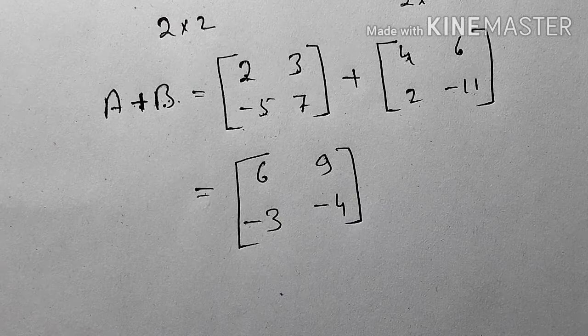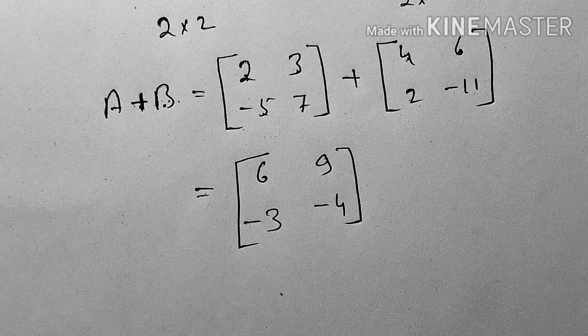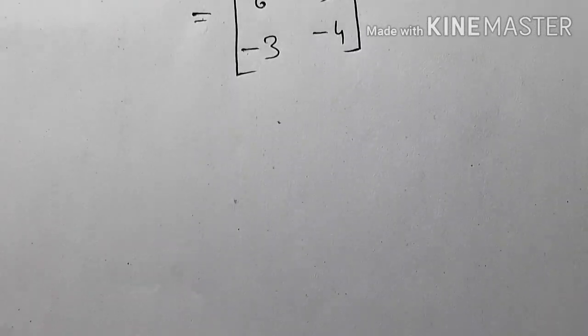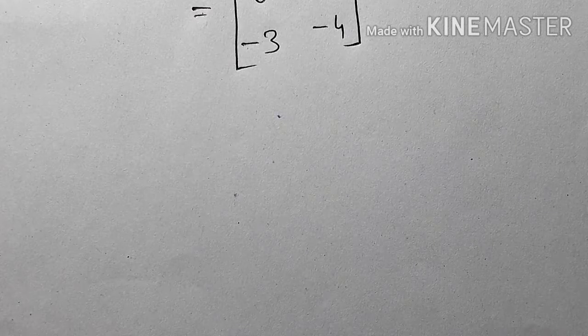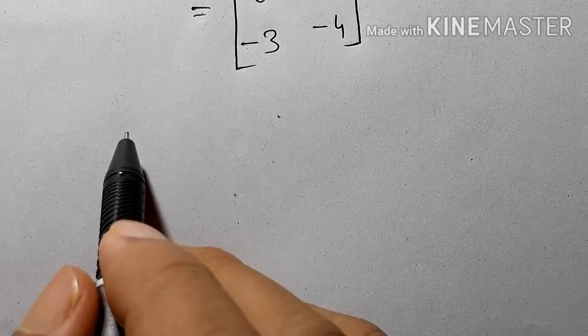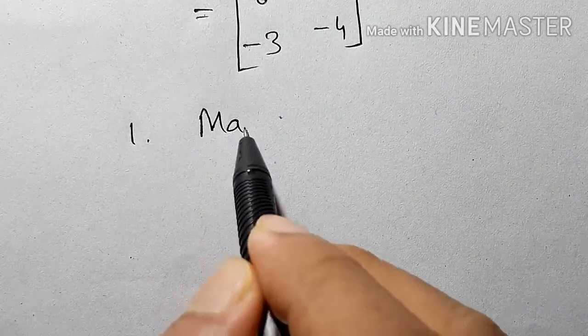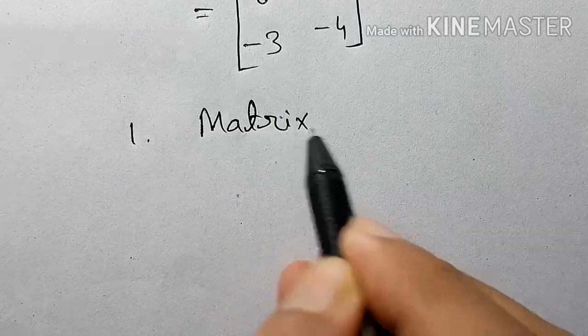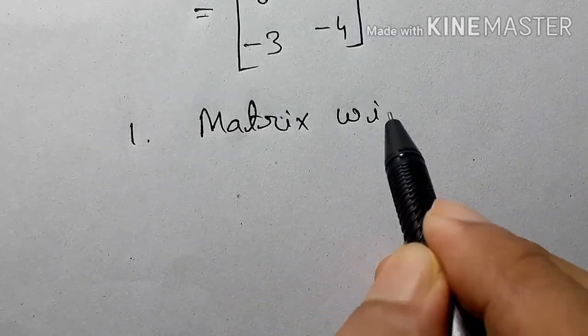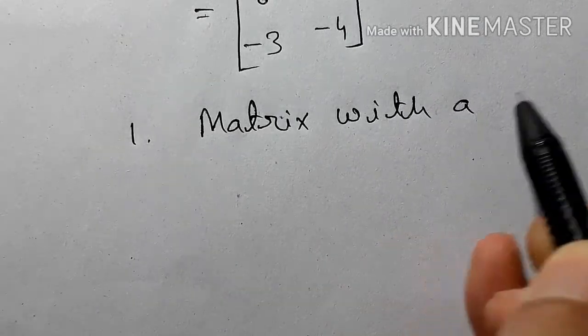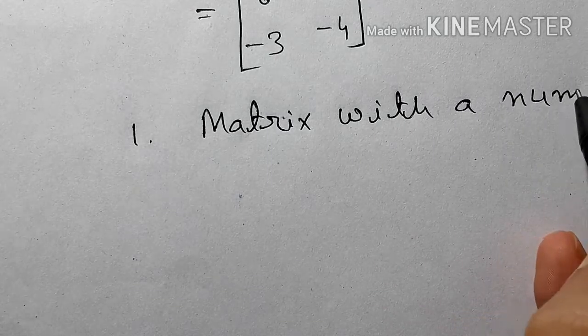So there are two types of multiplication of matrices. Number one, matrix with a number.